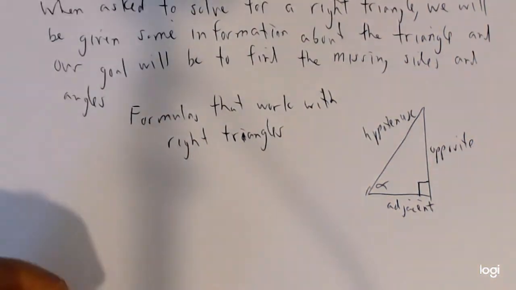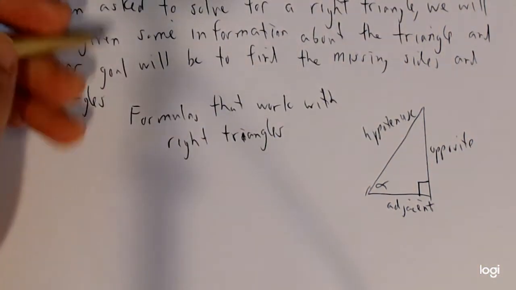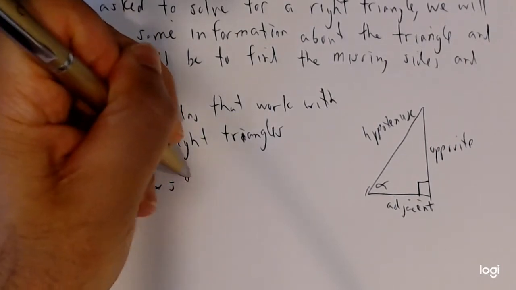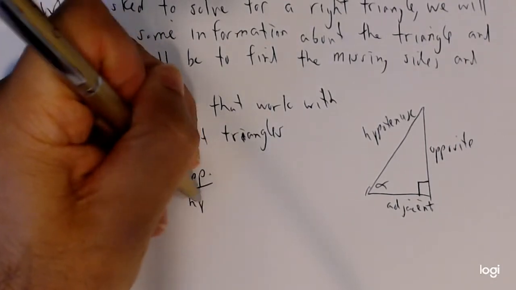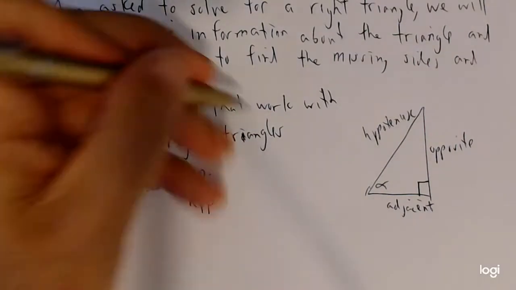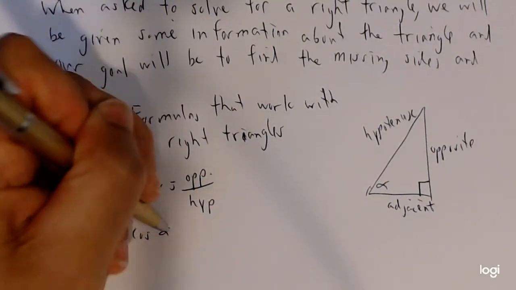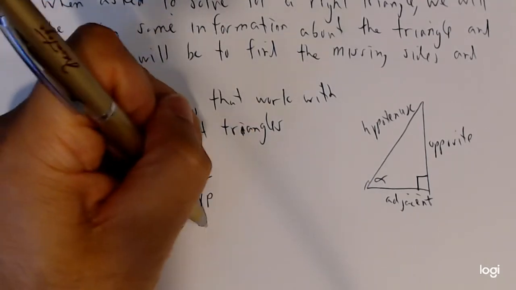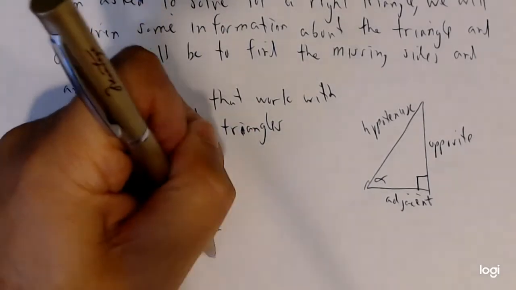When we have a right triangle, we can use our trig functions. Sine of alpha is equal to opposite over hypotenuse. Cosine of alpha is equal to adjacent over hypotenuse.